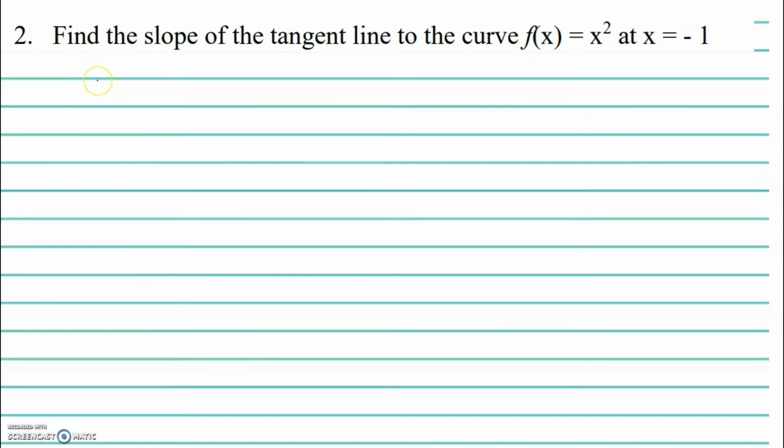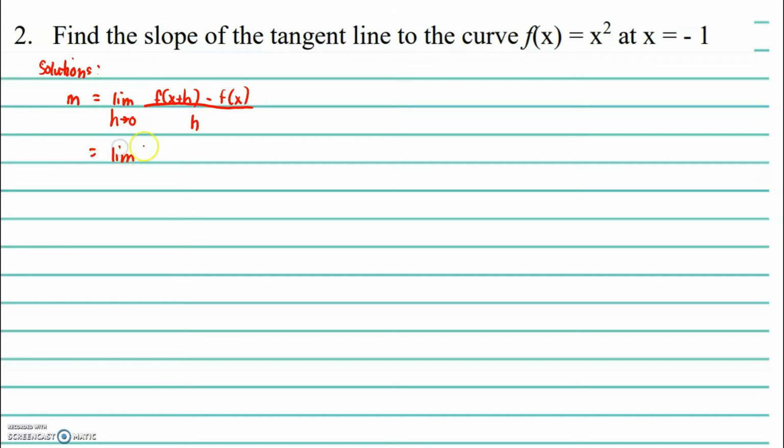Find the slope of the tangent line to the curve f of x equals x squared at x equals negative 1. So we know that to find the slope of the tangent line, we use slope is equal to the limit of f of x plus h minus f of x all over h as h approaches 0.